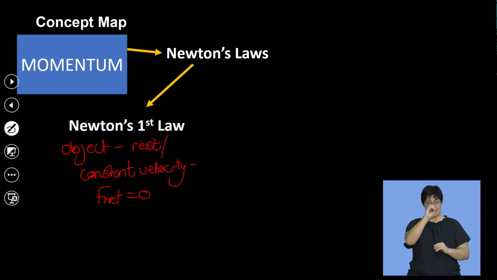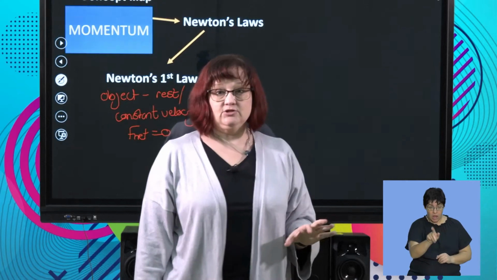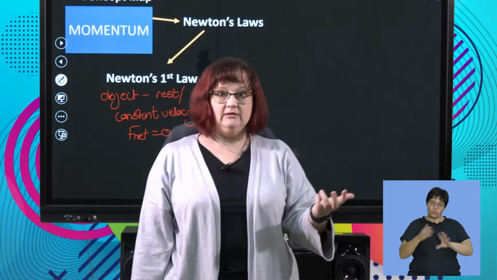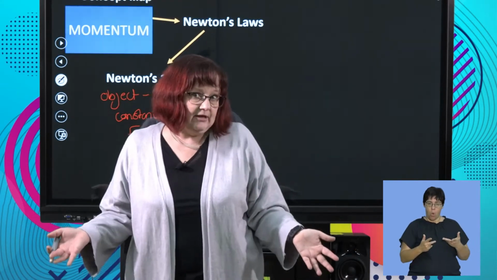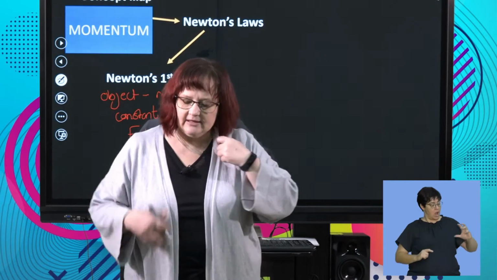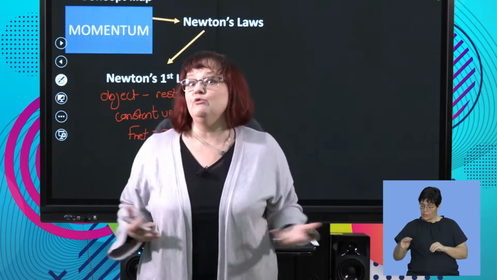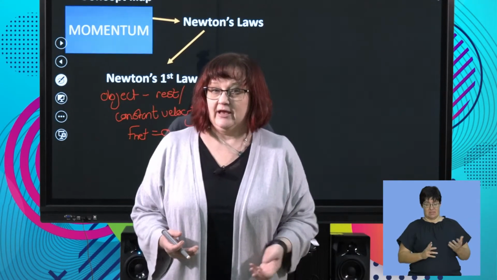Now, that's not the statement you're going to put into a test or an exam. It's just reminding you. So remember, an object will remain stationary, or continue moving at a constant velocity, if there's no net force acting on it. Okay, Newton's first law.